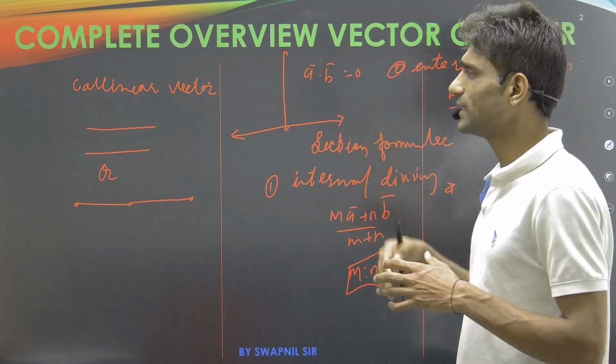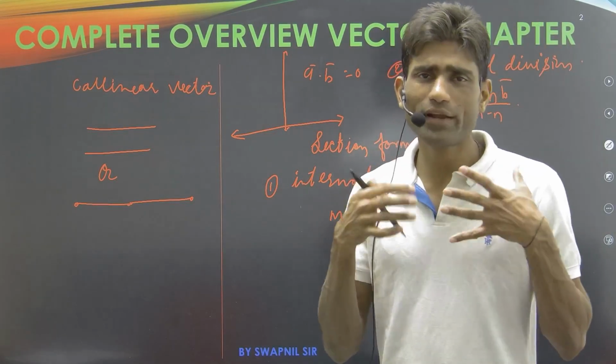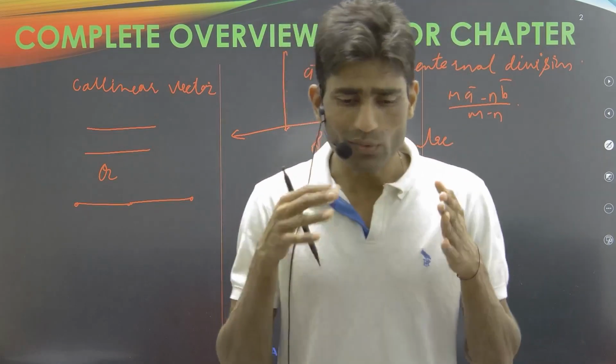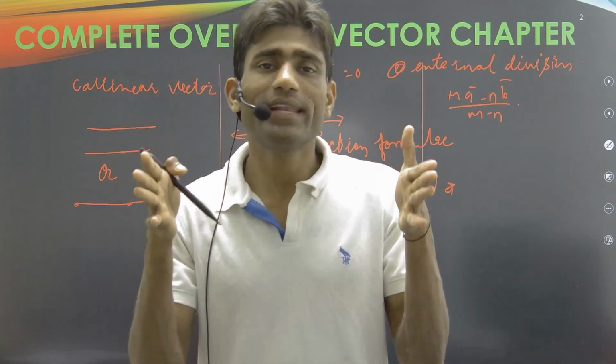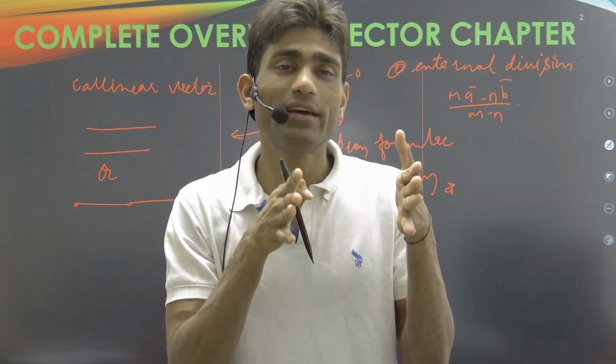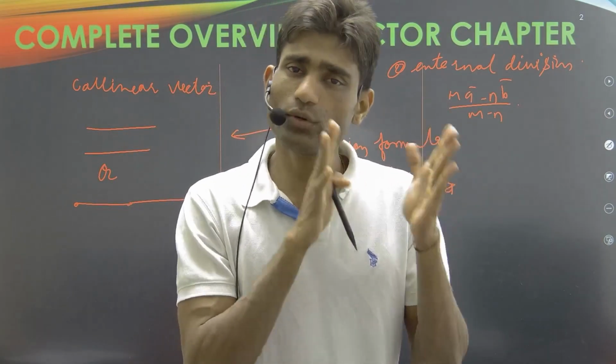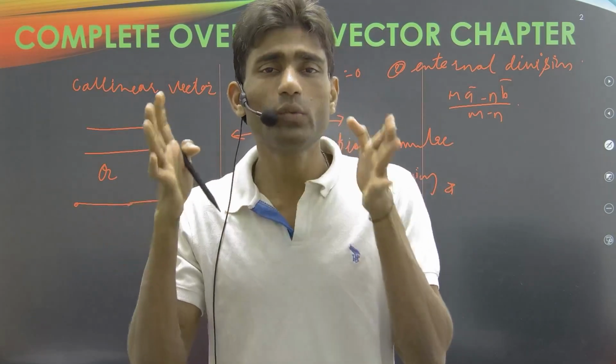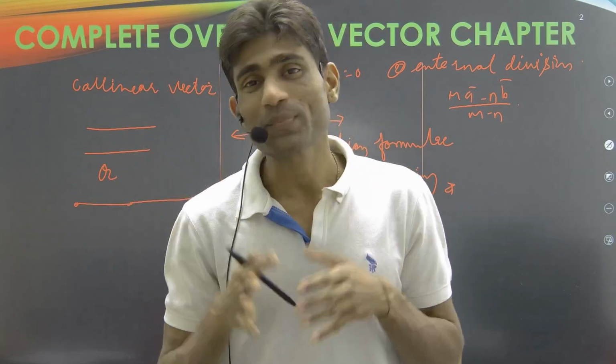So how can we define the section formula for internal division? Consider that we have line segment AB, and a third point C divides line segment AB internally in the ratio m to n. Then we apply the section formula for internal division.